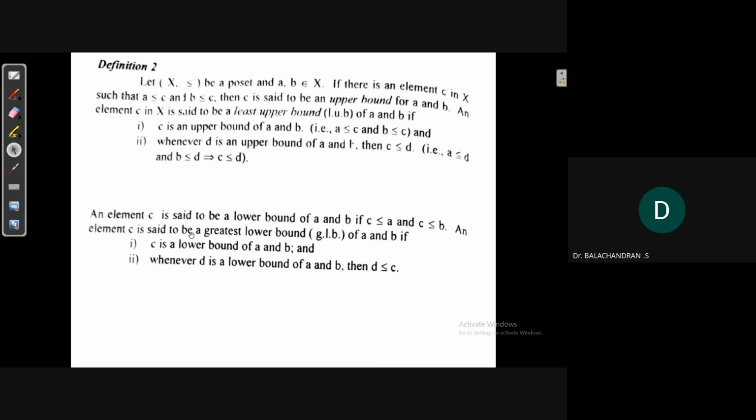An element c is said to be the greatest lower bound of a and b if c is a lower bound of a and b, and among the lower bounds, suppose d is a lower bound of a and b, then c should be greater than or equal to d. So among the lower bounds of a and b, c should be the greatest one. Then only we say c is the greatest lower bound of a and b.